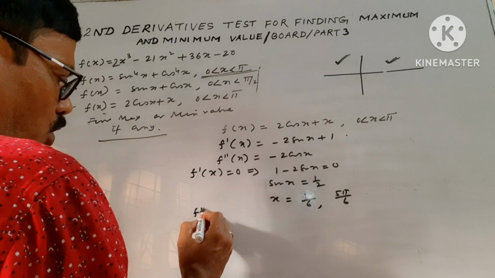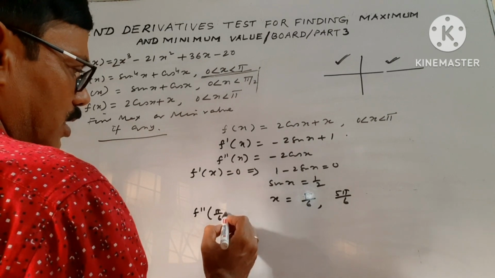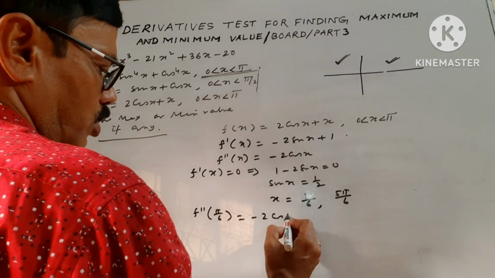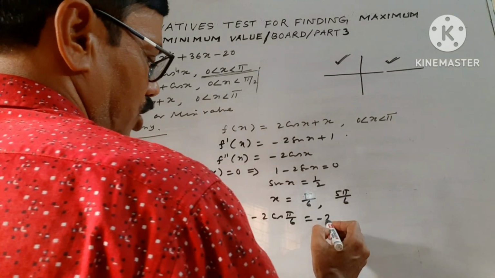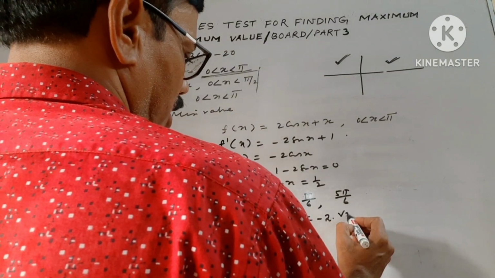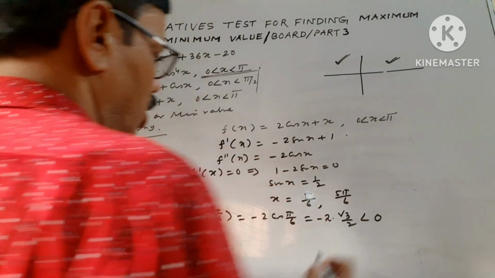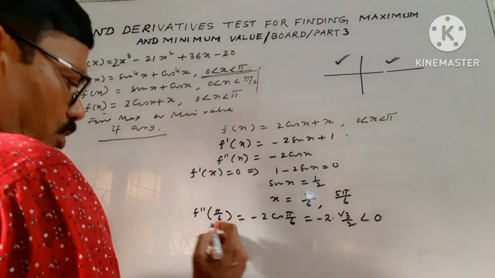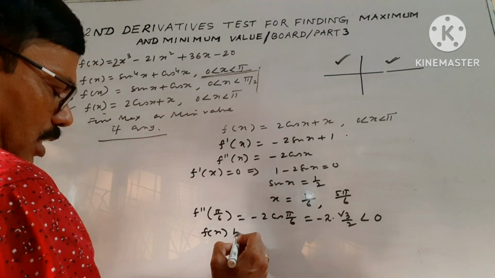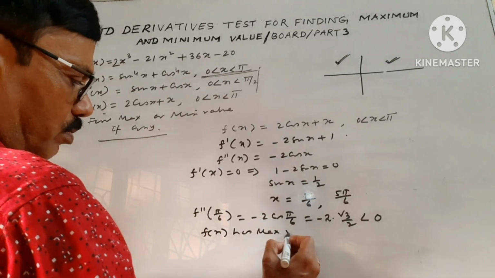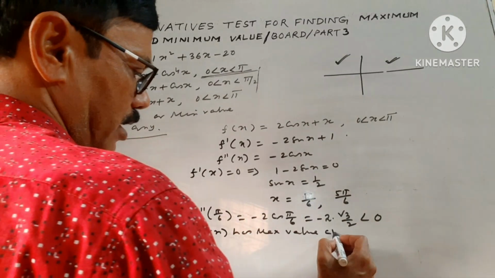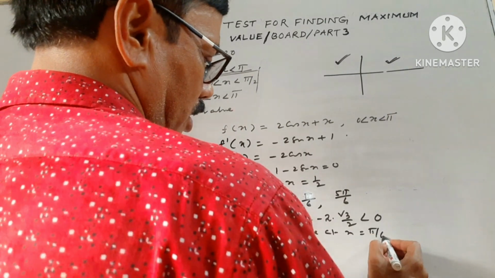Now f double dash pi by 6 is minus 2 cos pi by 6, minus root 3 by 2 times 2, which is less than 0. So f(x) has a maximum value at x equals pi by 6.